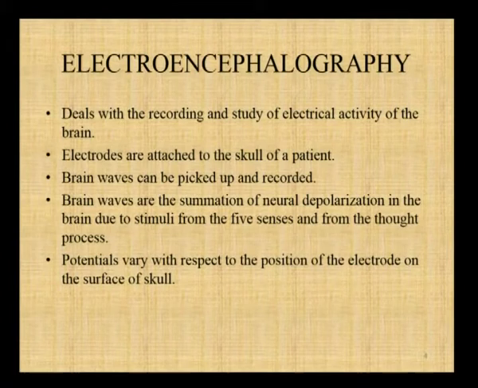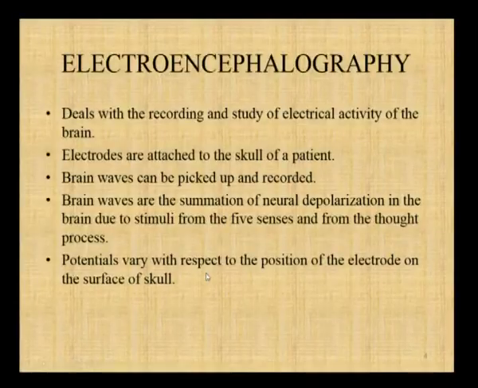So, briefly we are going to discuss EEG, electroencephalogram. It is also called electroencephalography. It deals with the recording and study of the electrical activity of brain waves. We are going to place an electrode on the skull of the patient. From the electrode position, we pick up the brain waves and it is recorded using the setup.